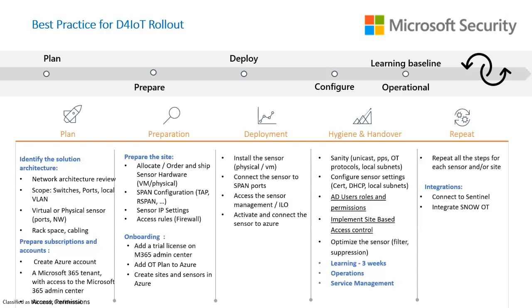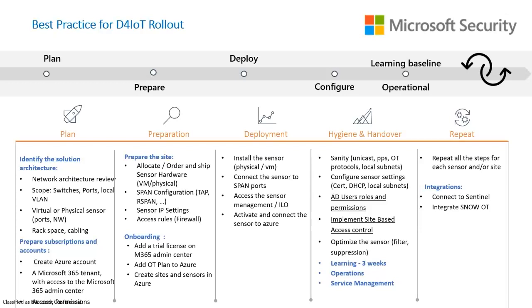Deployment phase is the time when we are talking about installation of the sensor software onto the hardware that they ordered and received in the preparation phase. And yes, install the software, bring up the GUI, look at your traffic, try to get a feel of how you use the GUI, customization, etc. Hygiene is tuning, customization, configuration, making it specific to the customer's needs, where we look at the type of traffic.